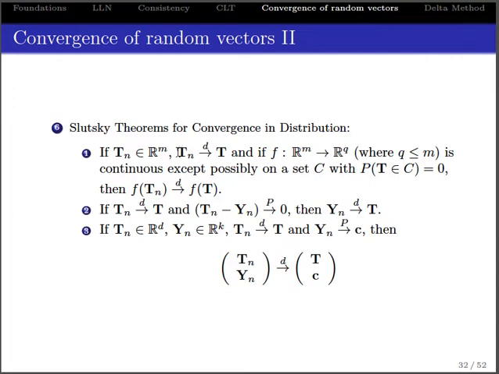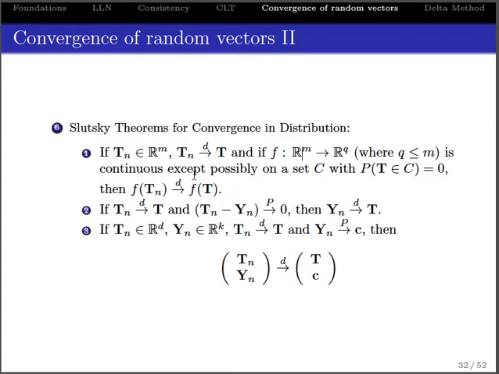And if Tn is converging in distribution to some random vector T, and there's a function f, which is a function mapping Rm into Rq, like the original random vectors might be 6-dimensional, and q might be 2-dimensional, where q is less than or equal to m.